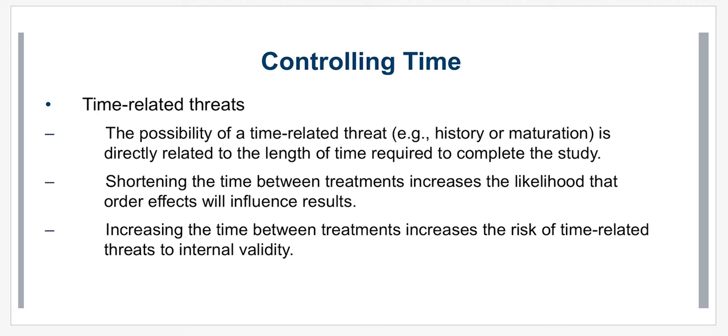Really all three, history, maturation, and instrumentation, are likely going to be worse the longer the experiment takes, because the more time there is in between testing conditions, the more time there is for them to grow or change, or something in their environment or in the instrument to change.